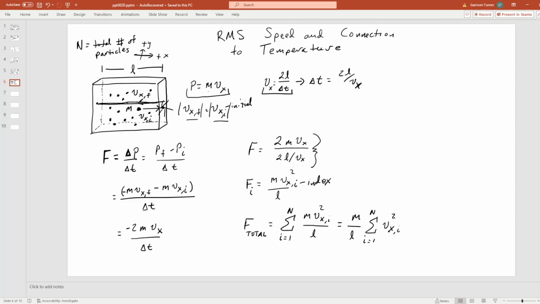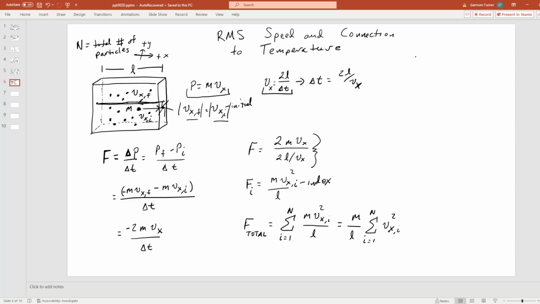And so now what we can do is use the definition of average. So in other words, this total force is the total force from all of the particles, and then you can say, okay, out of those particles, what is the average?